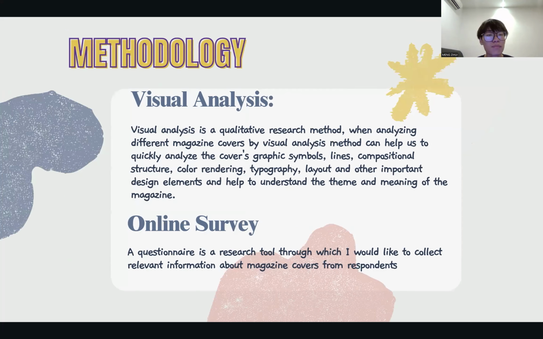So this is the third part, methodology. So first is visual analysis. Visual analysis is a quantitative research method where analyzing different magazine covers by visual analysis method can help us to quickly analyze the cover's graphic symbol, lines, compositional structure, color, rendering, typography, layout, and other important design elements, and help to understand the theme and meaning of the magazine.